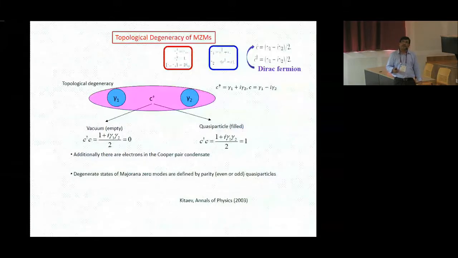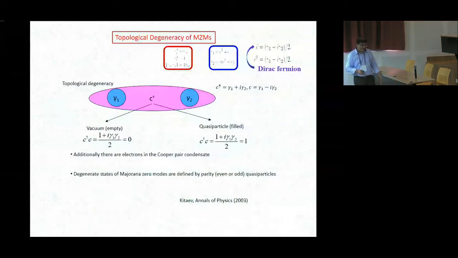But if you have a conventional fermion, you have two operators C and C dagger, the creation and the annihilation operators. But you can take a certain linear combination of them and create two operators which are indeed Hermitian. So you have gamma 1 and gamma 2. And this is the inverse transformation, and you can write C and C dagger in terms of them.